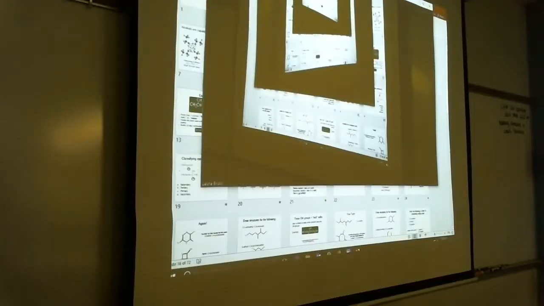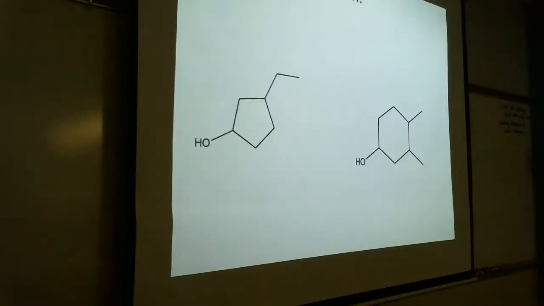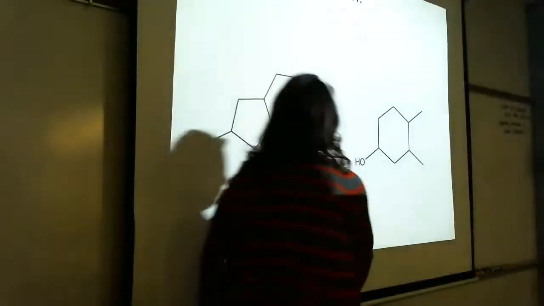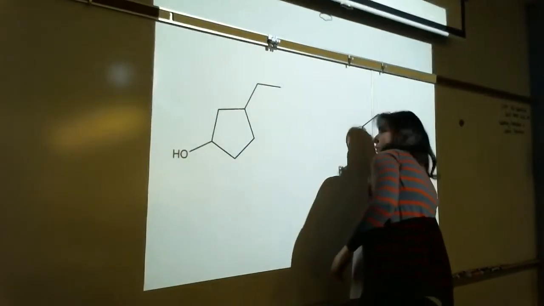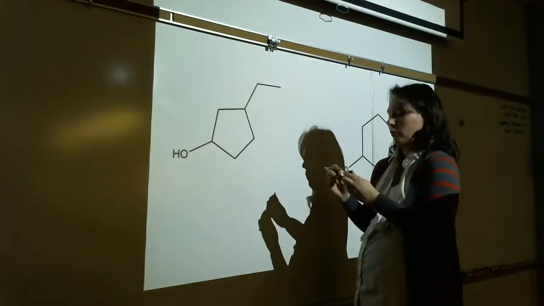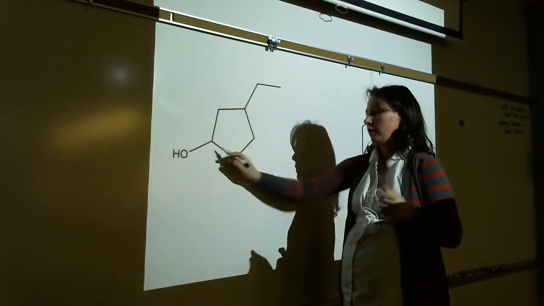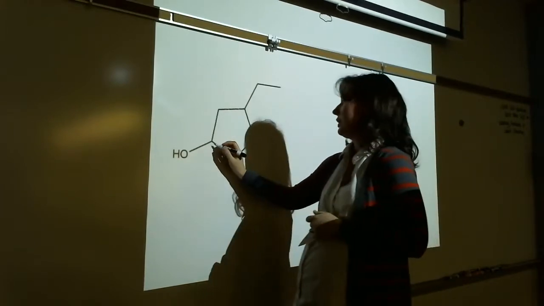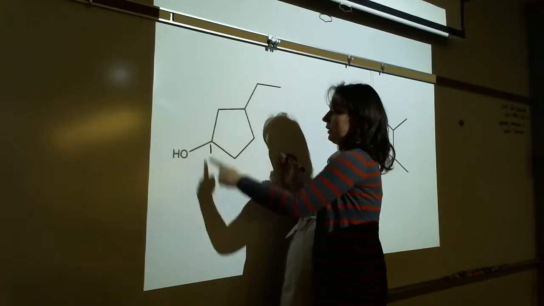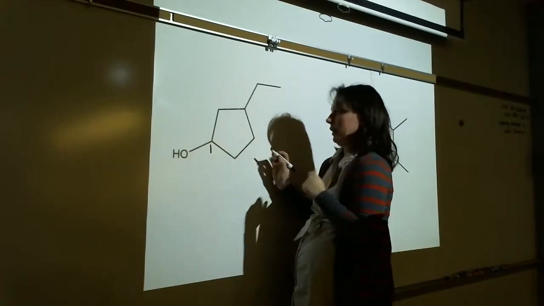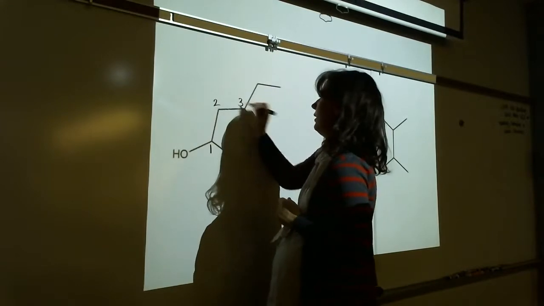Let's look at our 2 cyclics, see what we got. So, carbon number 1 is here, right? And now we just need to decide which direction we're going to number. Are we going to number clockwise or counterclockwise? Right, clockwise. 1, 2, 3.